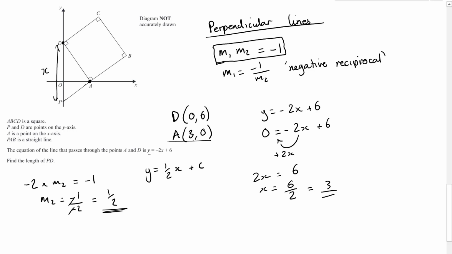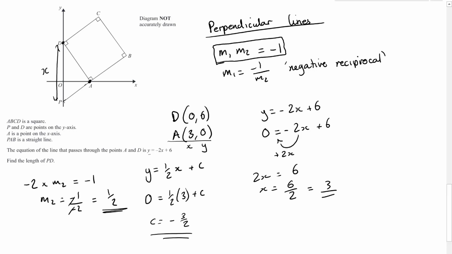And so we can substitute in this for our x value and this for our y value. So in that case, y is 0, and that's equal to 1/2 times 3 plus c. So c is equal to -3 over 2.